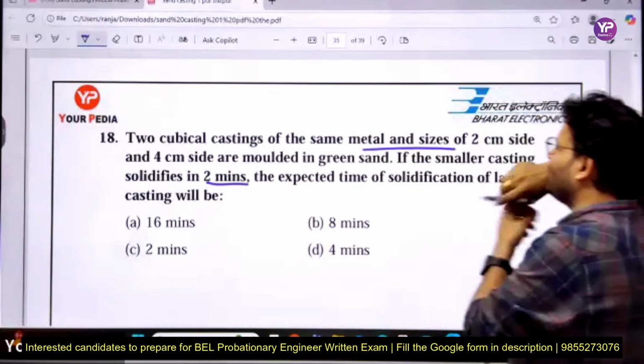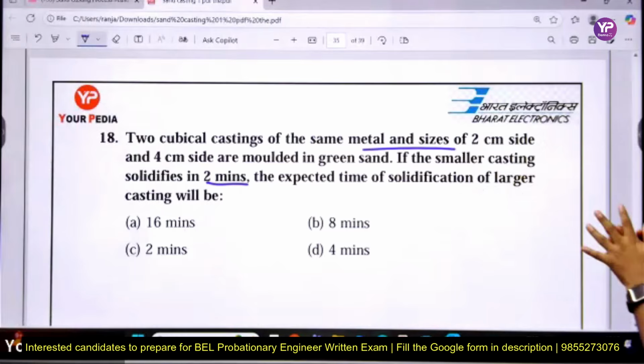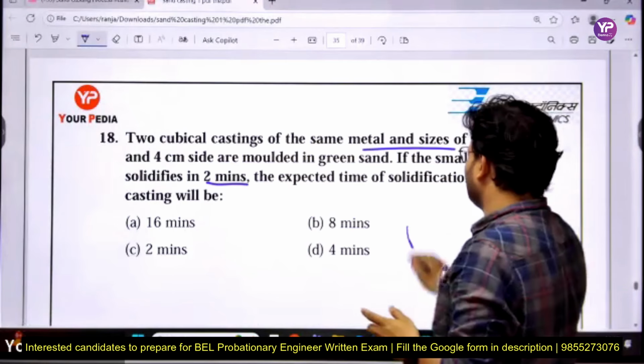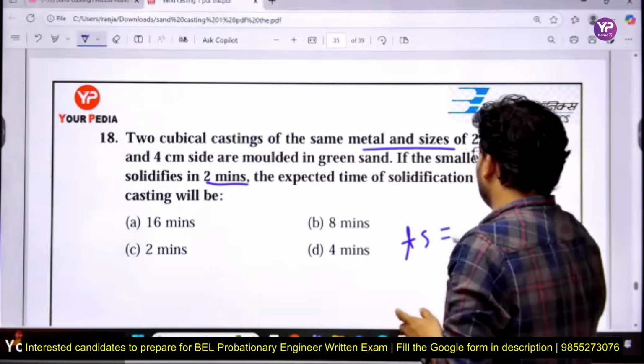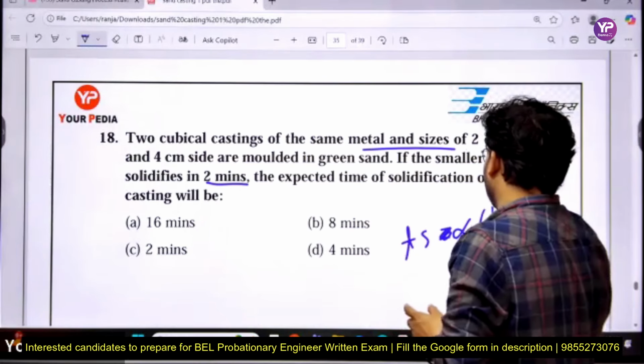Even you can do this very easily. Two cubical castings of the same metal, 2 cm side and 4 cm side, molded in green sand. If the smaller casting solidifies in 2 minutes, what is the expected solidification time of the larger casting? Very simple. We can simply say Ts is proportional to (V upon A) whole squared.